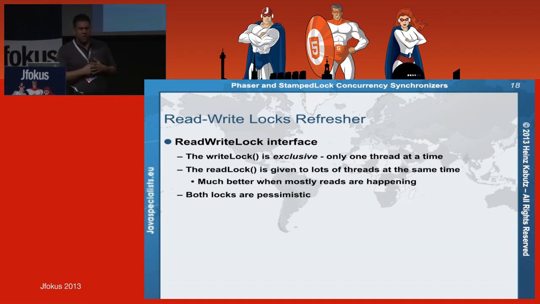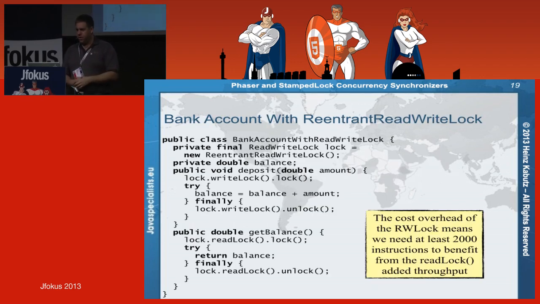And so if you have mostly reads happening, then obviously this ReadWriteLock makes a lot of sense because you can have better throughput by allowing more threads to use it at the same time. But the ReadWriteLock interface assumes that both locks are pessimistic, which means you have to wait until you actually get them before you can continue. You can't assume that you've got them and carry on working.